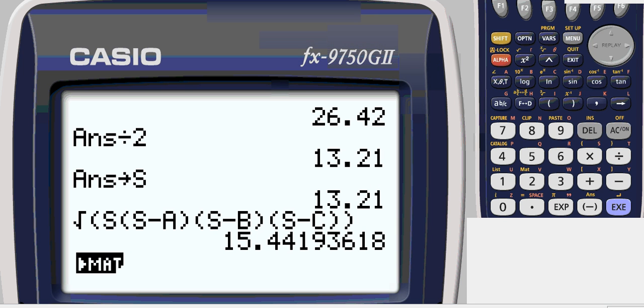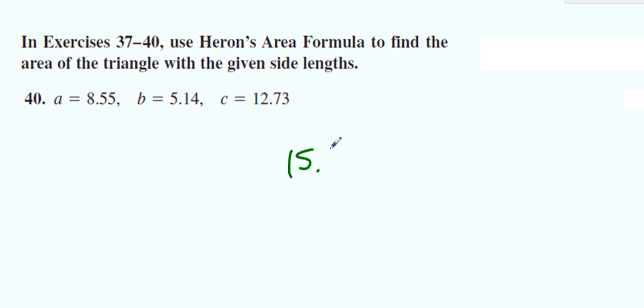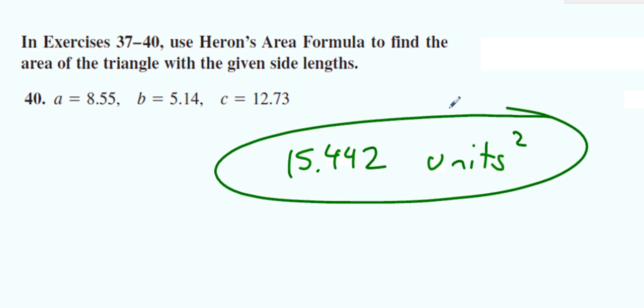And our area is 15.442 units squared. You can do the whole thing in your calculator. You just have to do, I would store them as A, B, C, and then S.